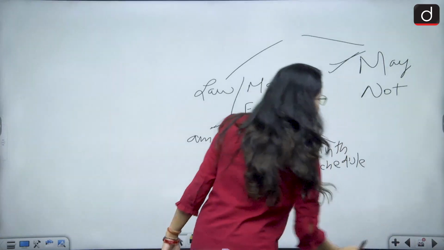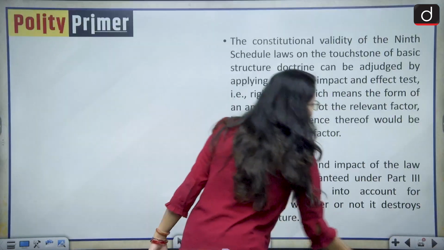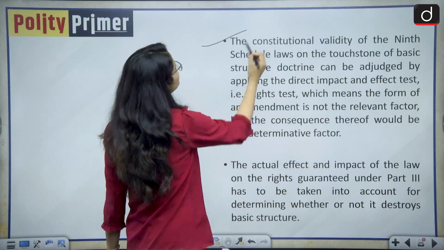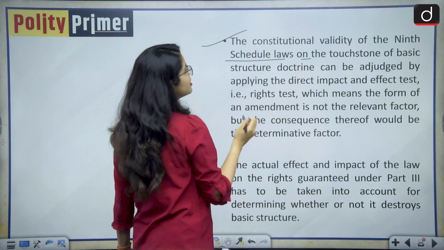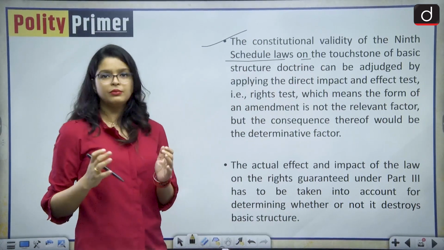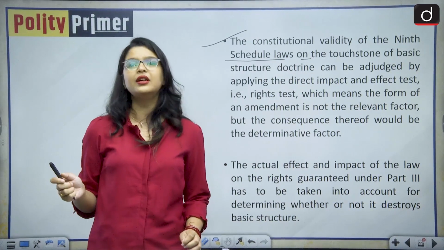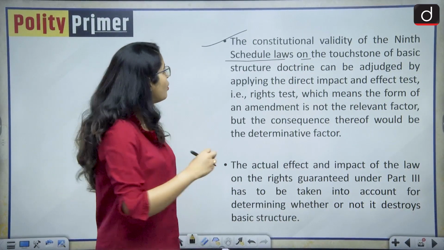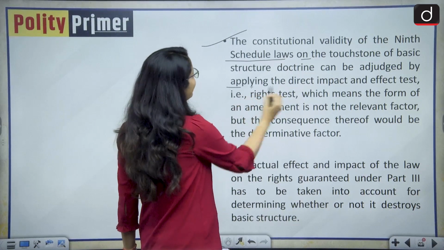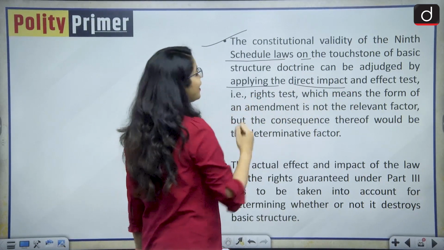The Supreme Court also held in this case that the constitutional validity of the 9th Schedule laws will also be examined on the touchstone of the basic structure doctrine after the Keshavananda Bharati case, applying the direct impact and effects test.